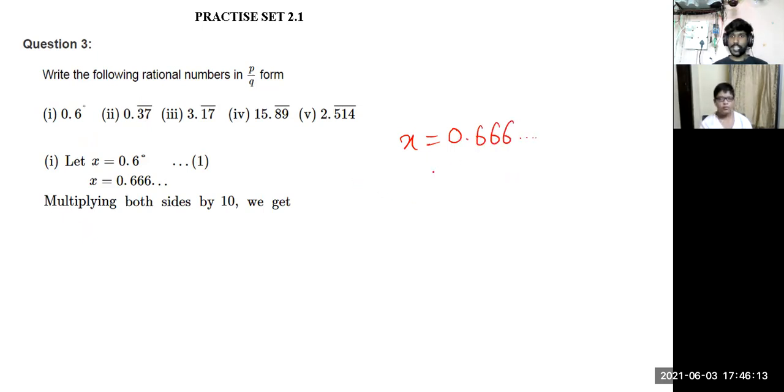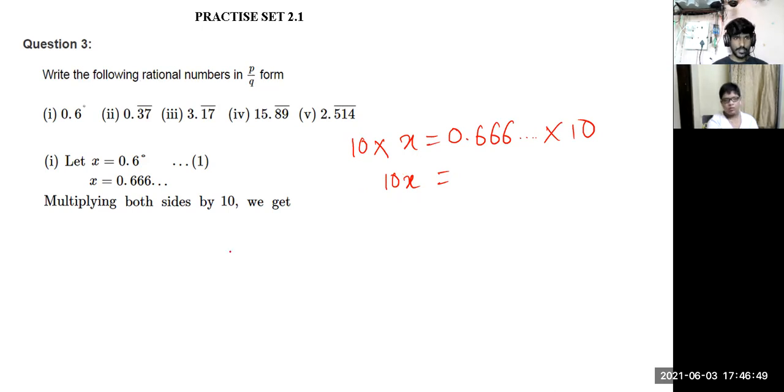Now you are multiplying 10 on both the sides. So 10 into x and 0.666 into 10. How much will 10 into x give you? 10x. And what will be 0.666 into 10? 6, and something more or just 6? Just 6. Okay.